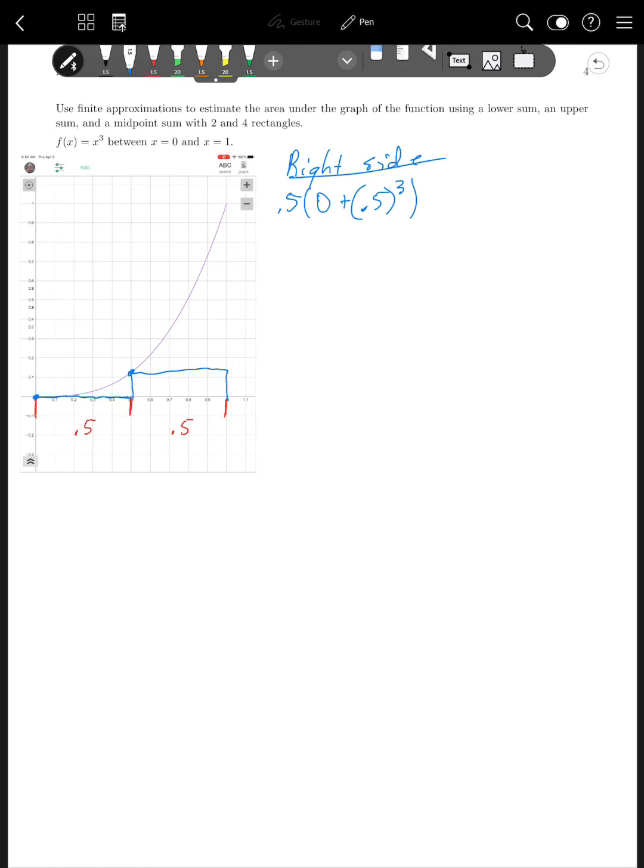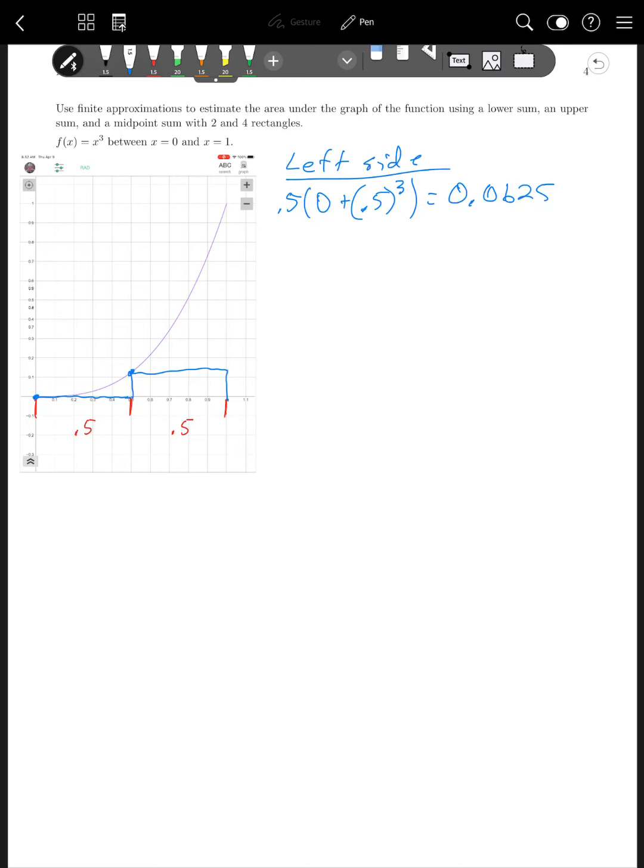And then for the second one, we get 1/2 cubed. Okay, so for this first one, we're going to get 0.5 times 0 plus 1/2 cubed, right? Because I have to plug 1/2, 0.5, the left-hand endpoint into the function.